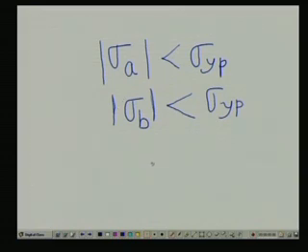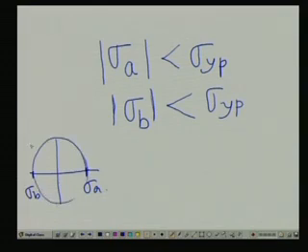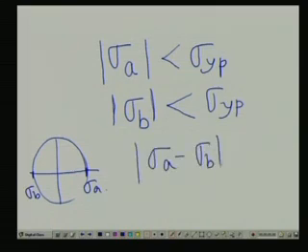And what I did not show you: suppose sigma A is of positive magnitude and sigma B is of negative, it's a reverse. Then you can understand that tau max is sigma A minus sigma B. So, in that case the modulus of sigma A minus sigma B should be less than sigma yield point.